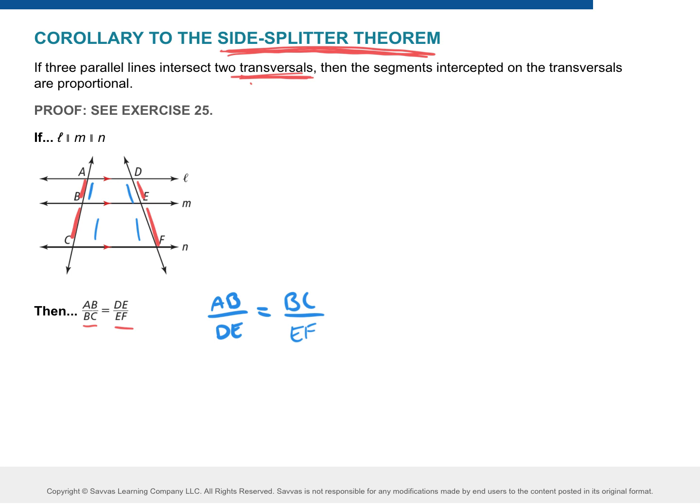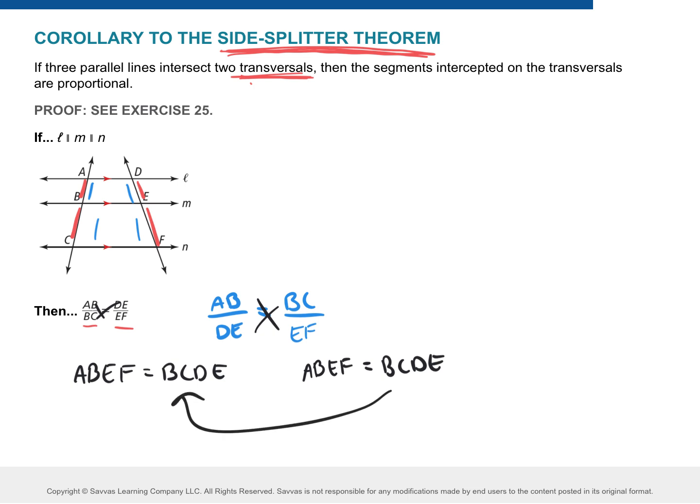Now let's explain why this works. If I cross multiply this side, I have AB times EF equals BC times DE. If I cross multiply this one, I have AB times EF equals BC times DE. Do you agree those are the exact same answers?